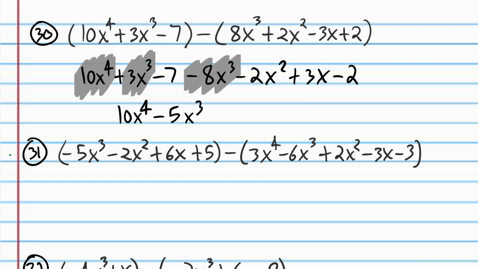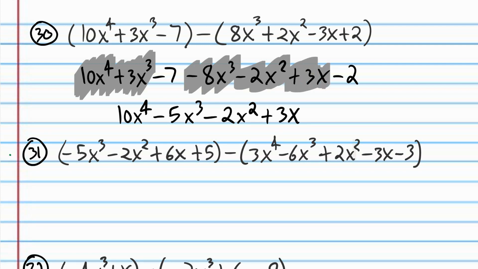So that's these two terms. And we have a negative 2x squared term and a 3x term, and negative 7 plus negative 2 is negative 9.